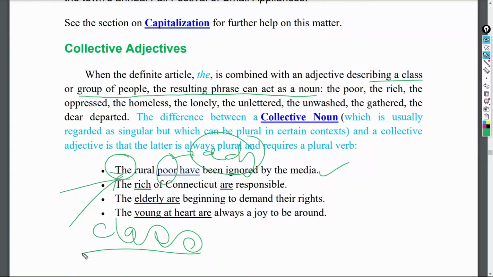So when the comes and it combines with the adjective describing a class or a group of people, the resulting phrase that occurs, it becomes or works like the noun. समझ गए? This works like the noun. Therefore, the rural poor, this is the noun, and it talks about all the poor people living in the village who have been ignored by the media.